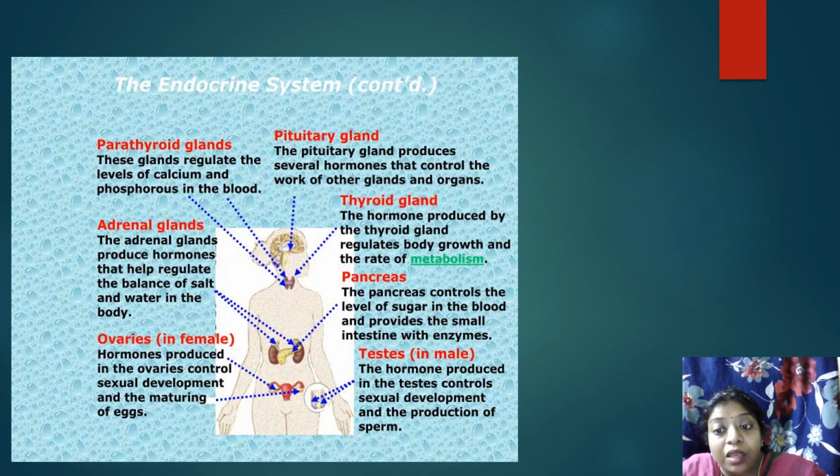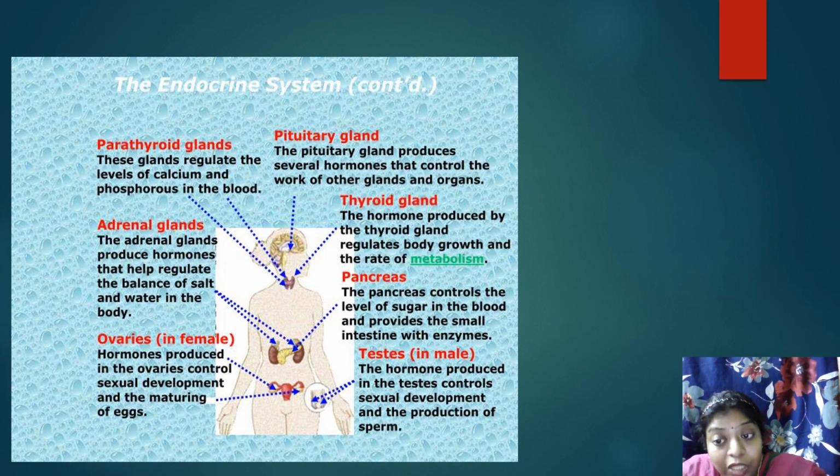And supposing the sugar level falls below the normal, then this stimulates the secretion of glucagon. This glucagon, what does it do?